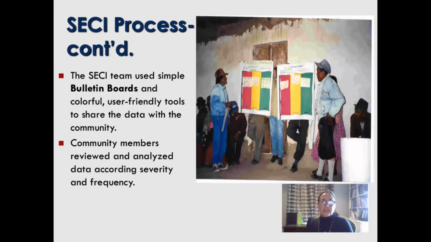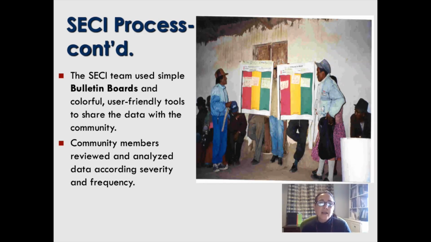The bulletin board, as I mentioned before, was colorful and user-friendly in order for it to be shared with communities and to be understood. The diagrams were also pre-tested before being developed. And here, community members reviewed and analyzed data according to severity and frequency.